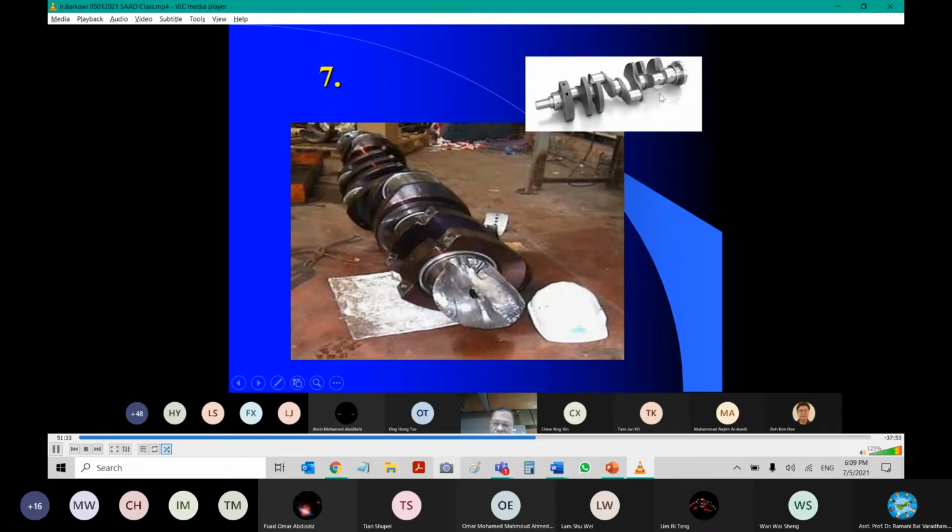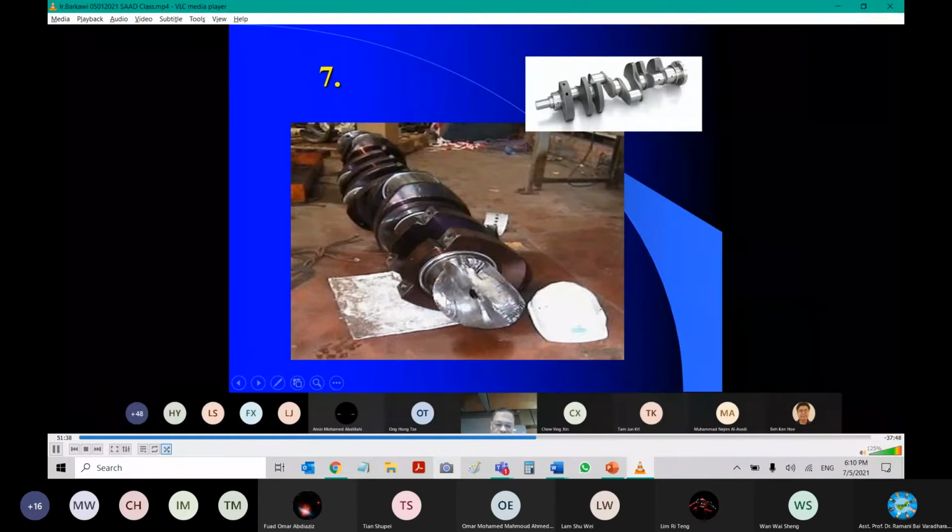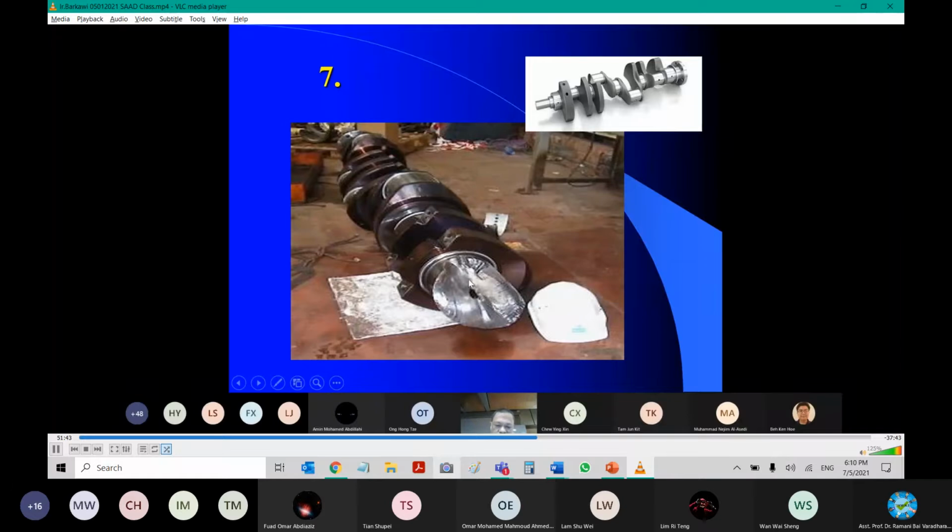Now, in this particular case, that portion that is transmitting the power actually failed. Now, this is brittle material. The surface on which it failed is about 45 degrees to the axis of this particular crankshaft, and it breaks like that. This is a break due to torsion, shear stress. Now, this is related to torsional stresses there.